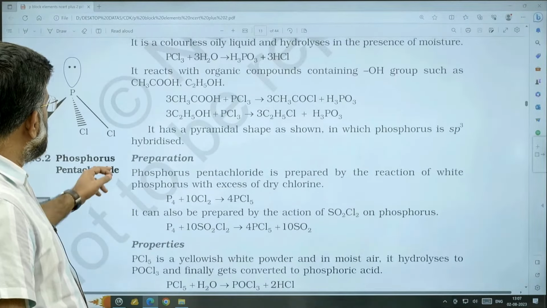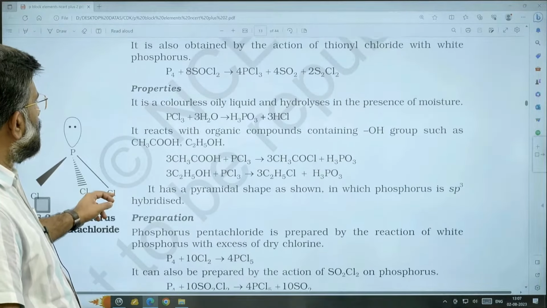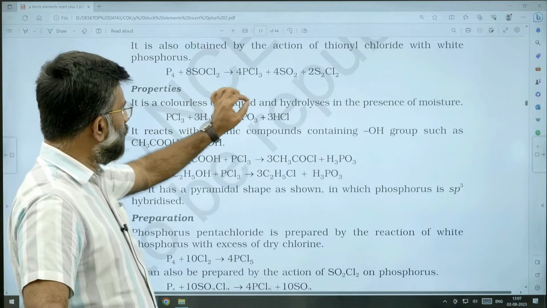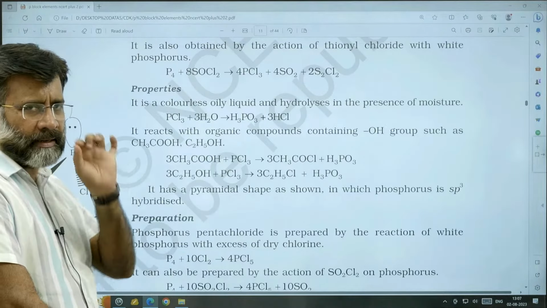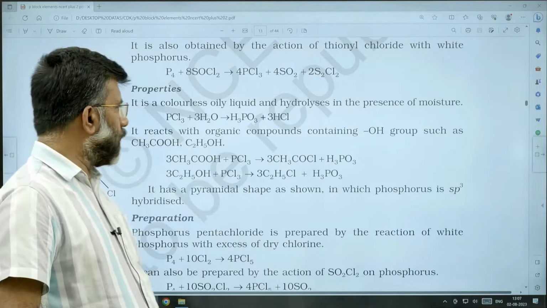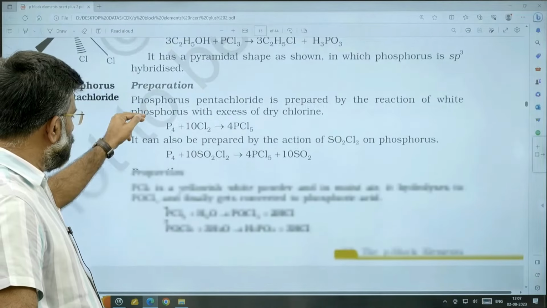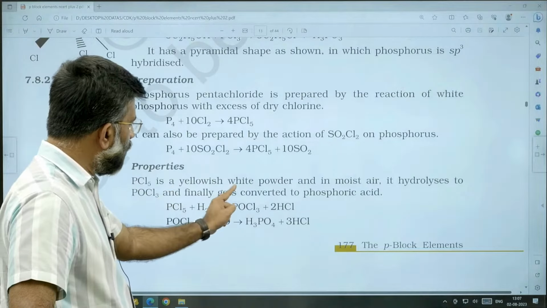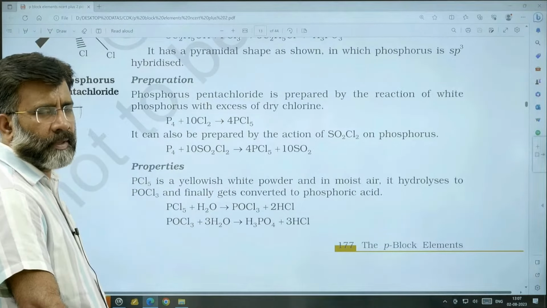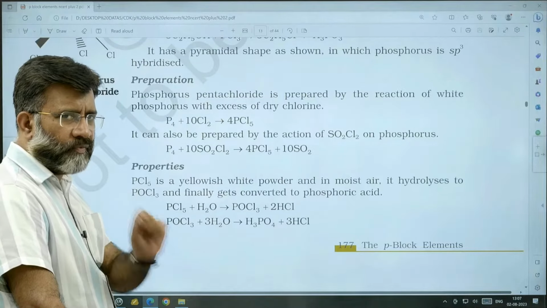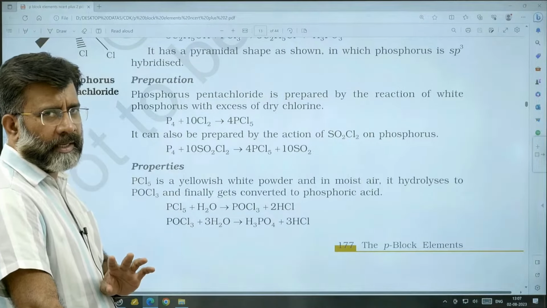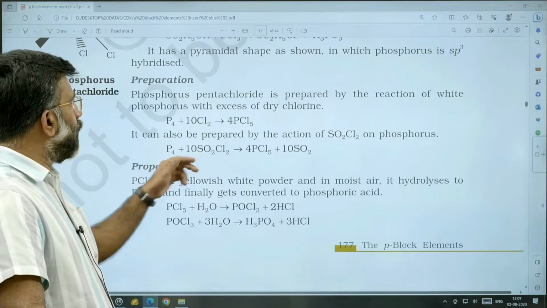Now PCl3 is a colorless, oily liquid. What about PCl5? It is a greenish white powder.